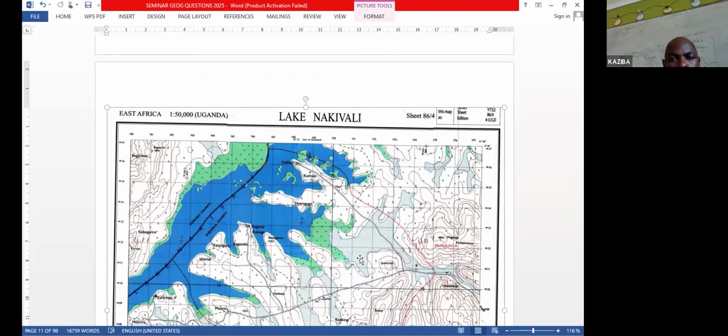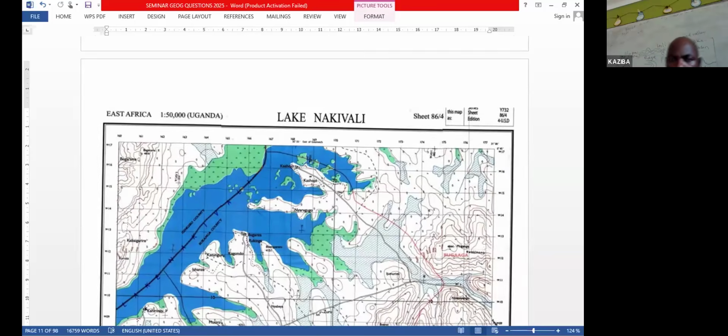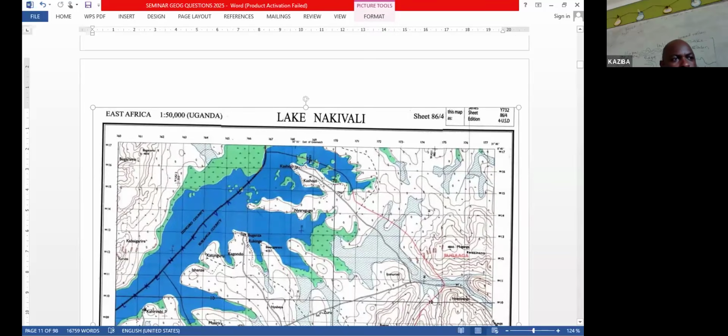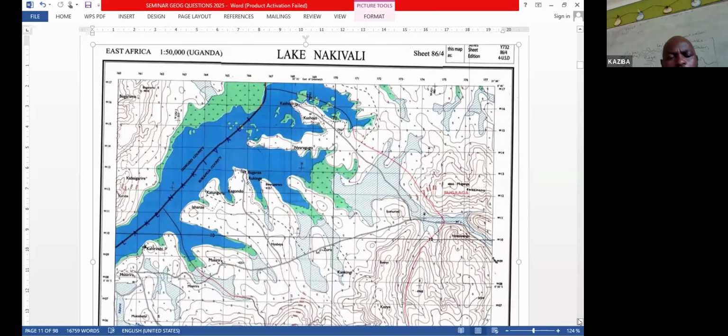So now, if you're to describe that, if you look at that lake, I'm going to describe relationships now. Hope all of you are seeing. Now, that lake, you just say Lake Nachivari is found in a basin in this direction, full stop.